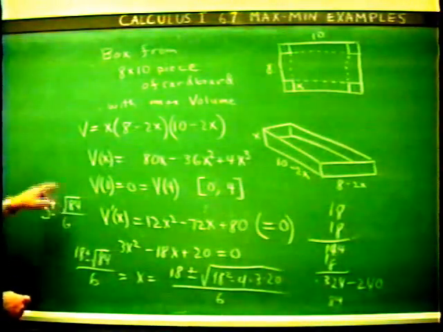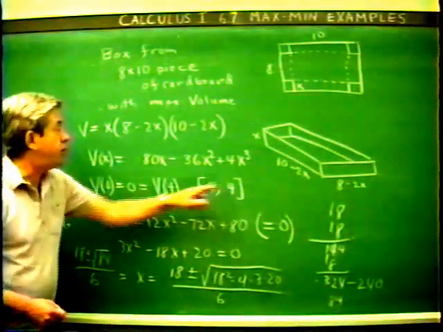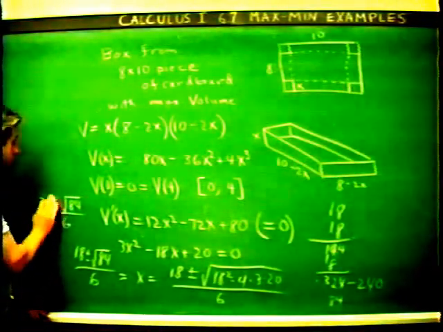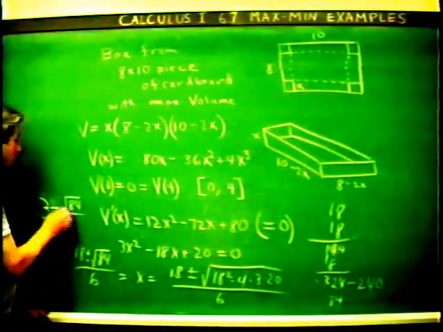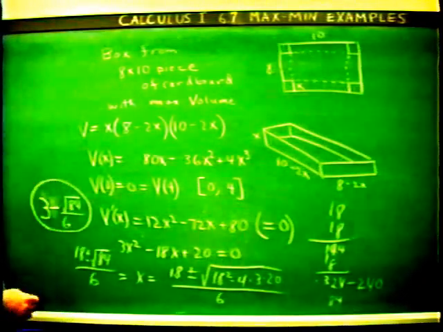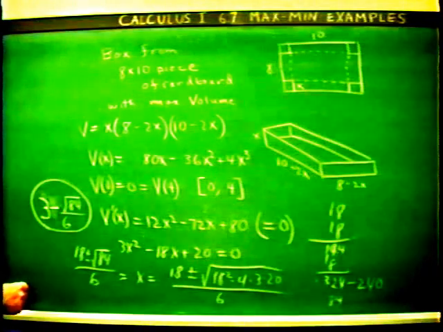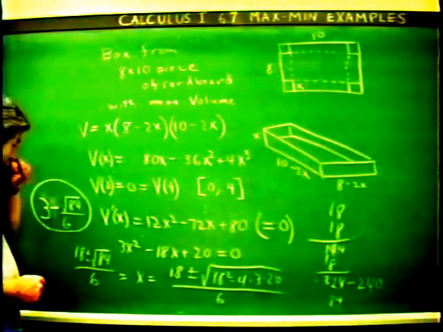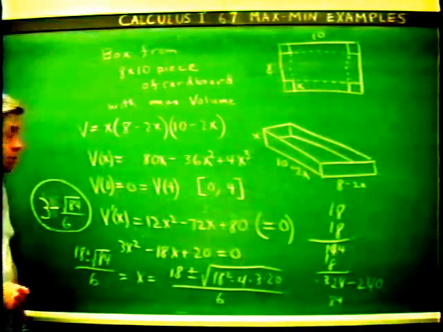Well, the square root of 84 is a little larger than 9, and so this is about 1.5. And 3 and 1.5 is outside of the interval from 0 to 4. So it can't be the plus part here. It has to be the minus one. So here then is the value x where the volume V is maximal.